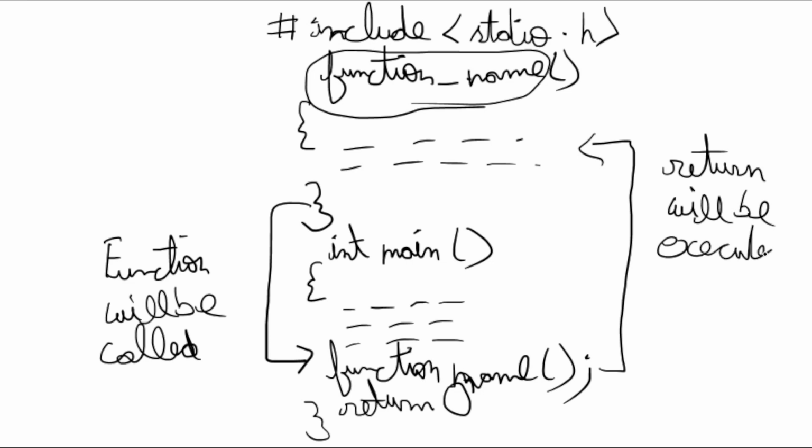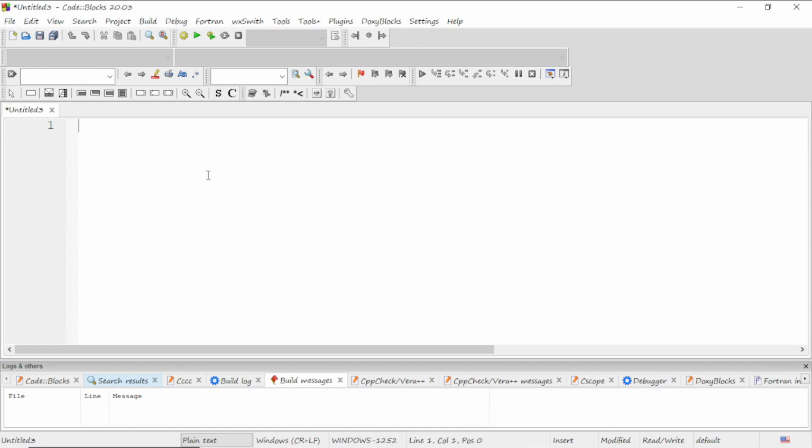Okay, so let's see a program to perform addition using a function. So first we write include stdio.h. Okay, so this is your header file, and now we will declare a function.